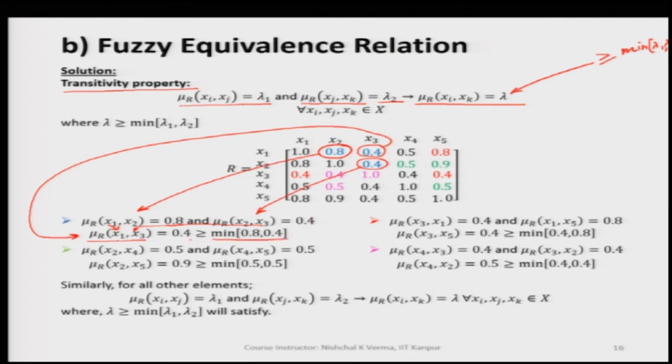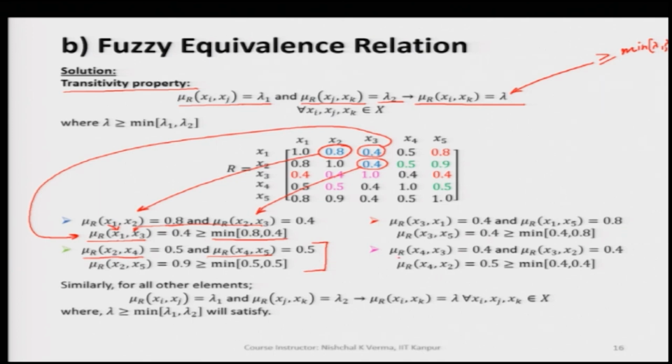So, we see that this is equal to the min of 0.8 and 0.4. So, this means that this condition is satisfied. Similarly, we check for mu r of x 2 x 4 and mu r of x 4 x 5. So, we see that the transitivity criteria is satisfied.